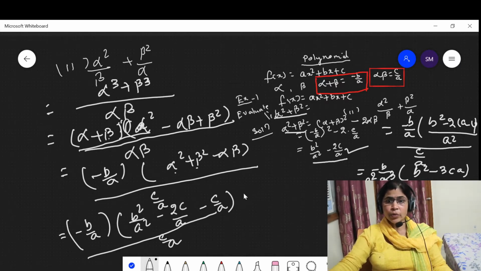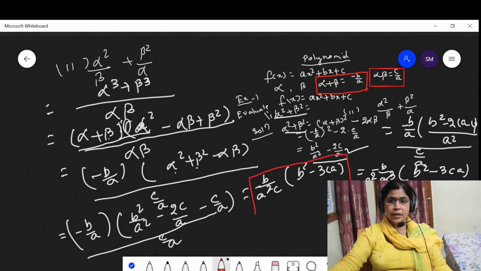Then finally we get the answer: minus b upon c, a square c in the denominator, into b square minus 3ca. Then this is the final answer of the question when we have to derive the value of this.